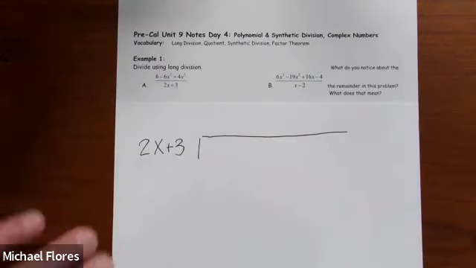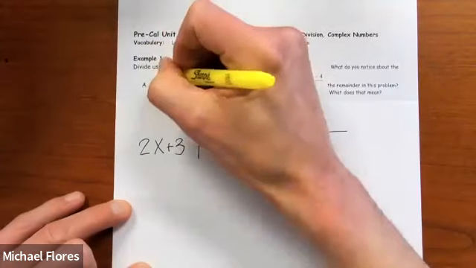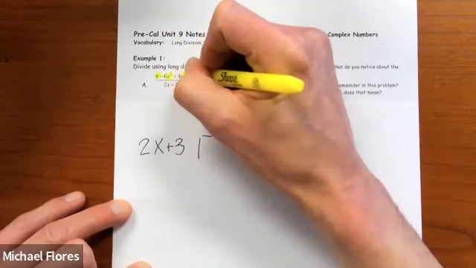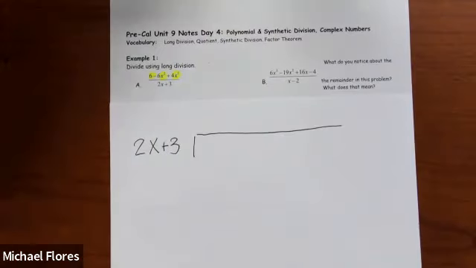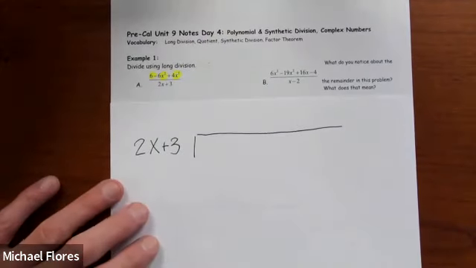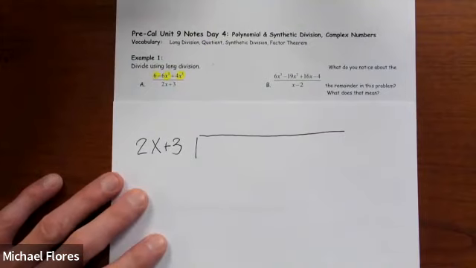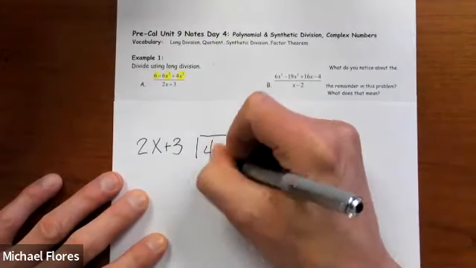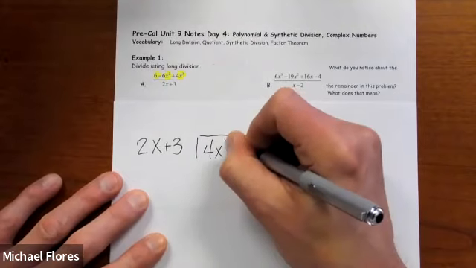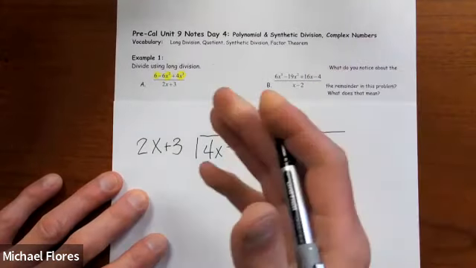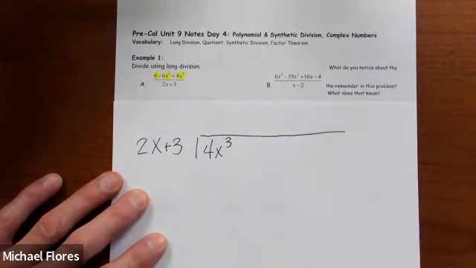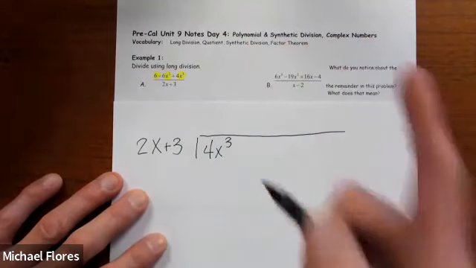Notice they have given us 3 terms. 1, 2, 3 terms. Out of those 3 terms, you always want to start with the term that has the largest exponent. So we're going to start with 4x cubed. And then from there, we want to go in descending order, and you do not want to skip terms.